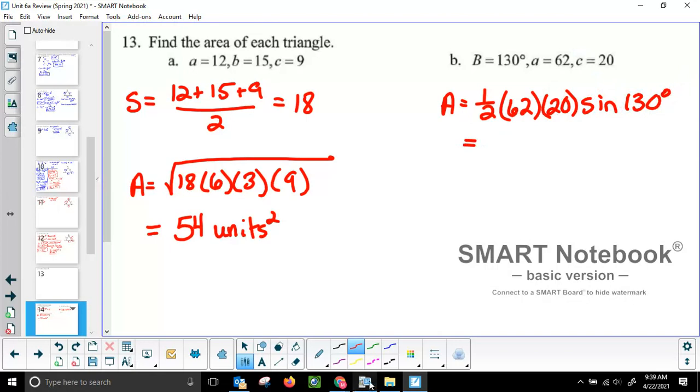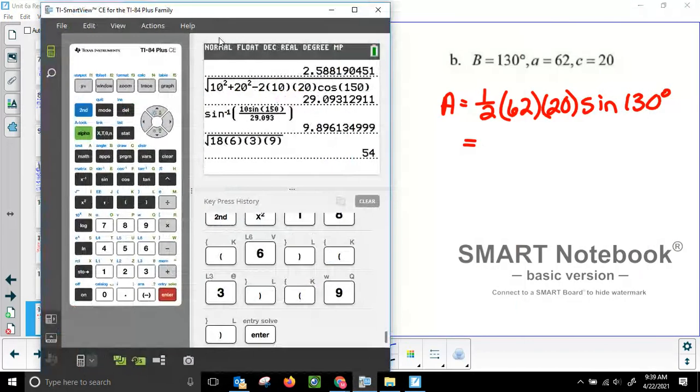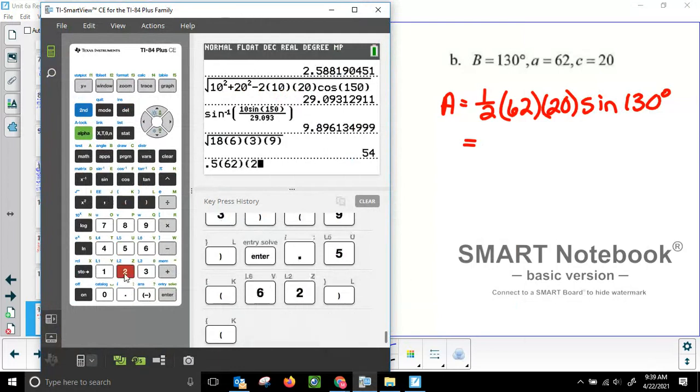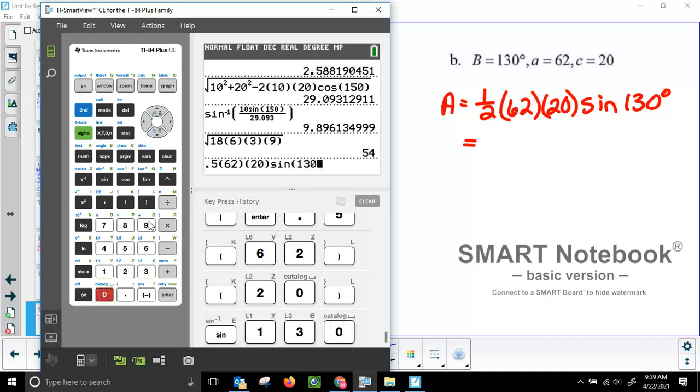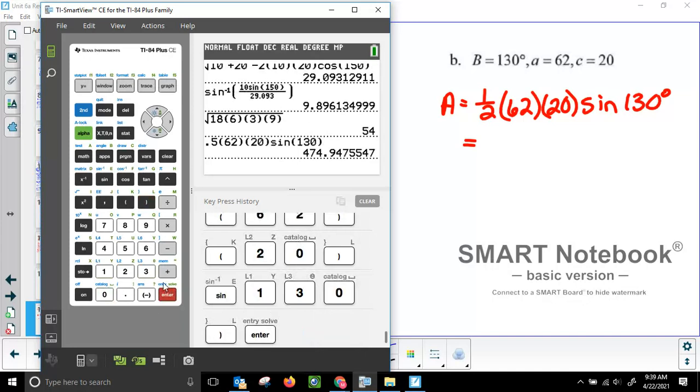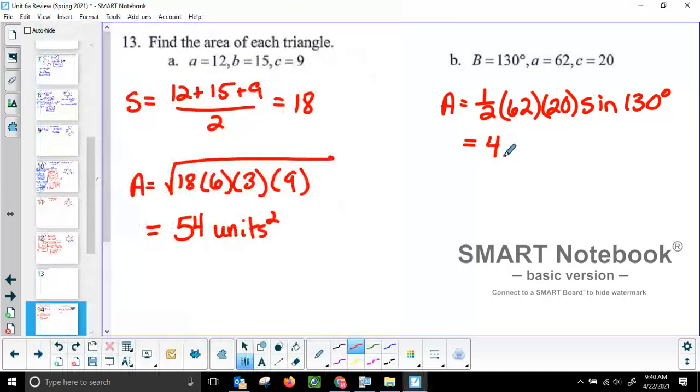So we plug that into our calculator, and we get 474.948 units squared. And of course, those formulas will be given to you on the formula sheet as well.